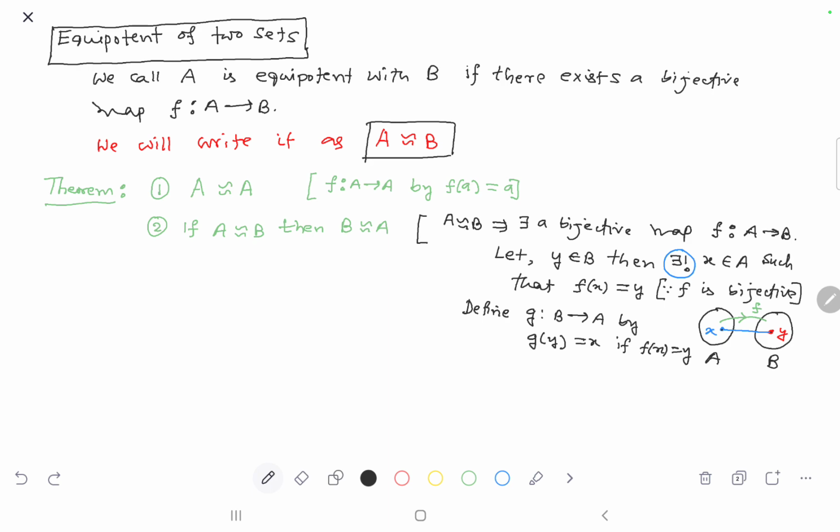So how do we check? Very fast, let me go. First, injectivity.